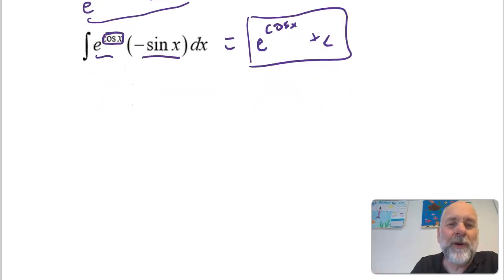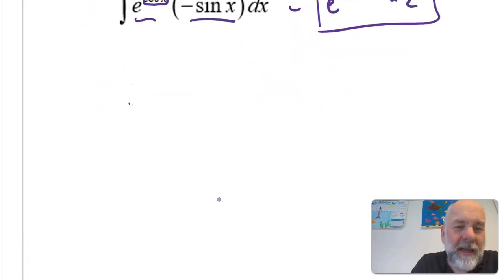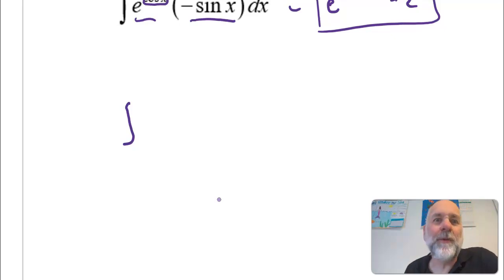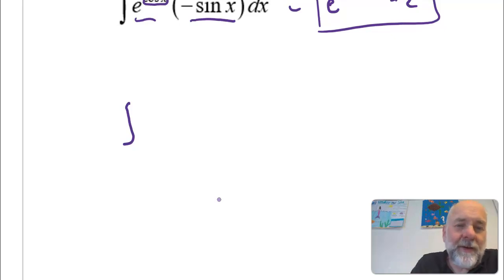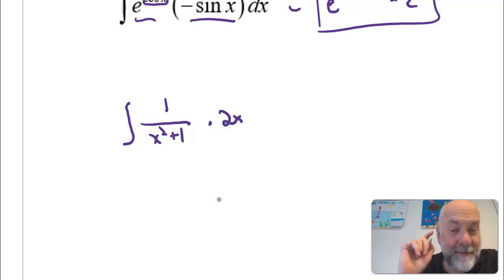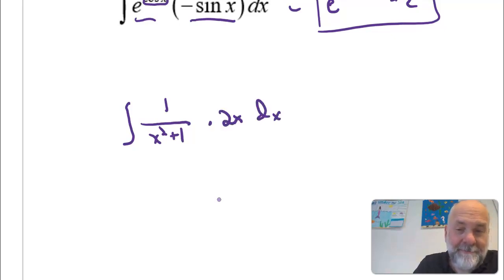Let me just show you one more, last one that I didn't include before, but I'm just going to include it here. This is a little bit harder, but not a lot. So it's 1 over x squared plus 1 times 2x dx.